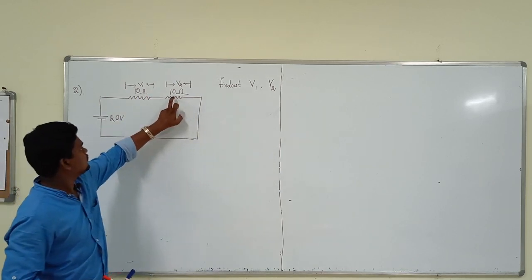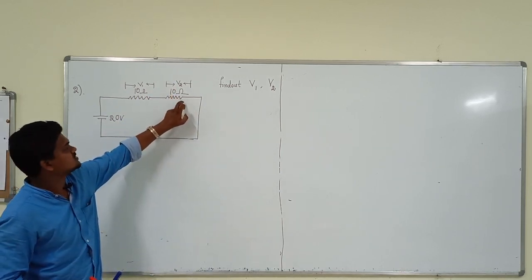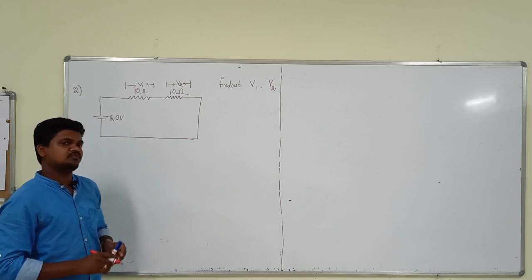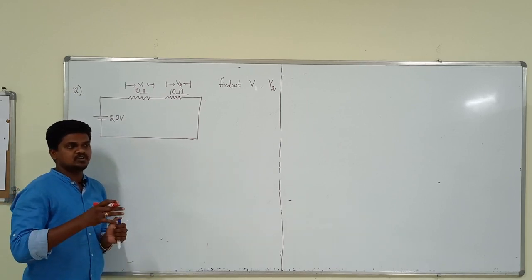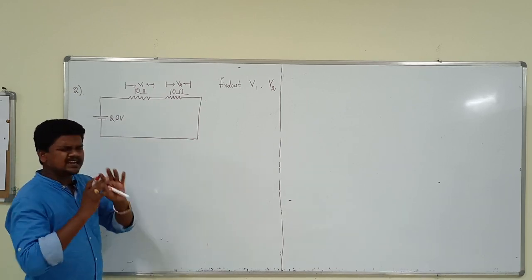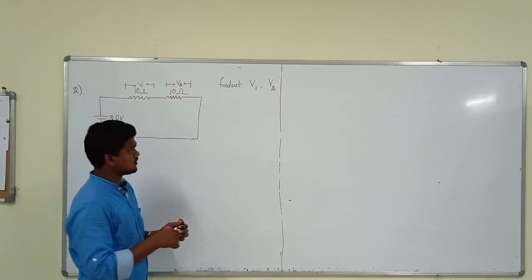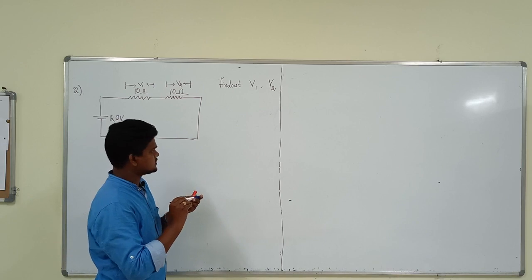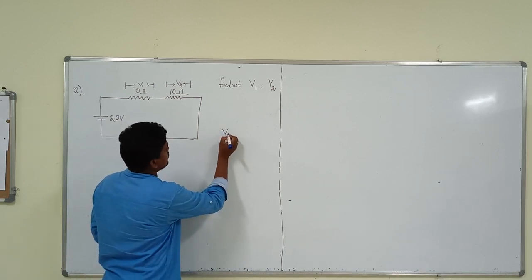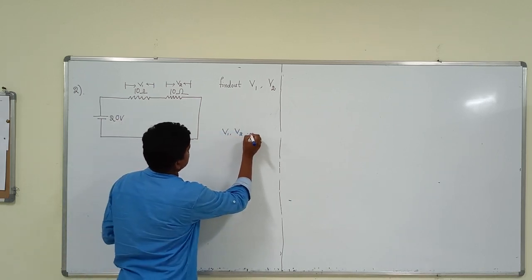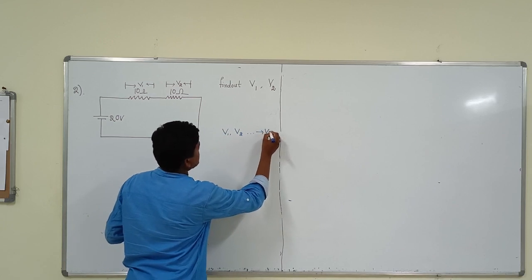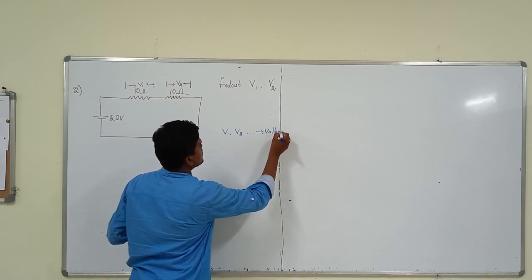V2 is the voltage across the second 10 ohm resistor. Wherever V1, V2, V3 appear, these are directly voltages. Simply, directly he mentioned to find the voltages.